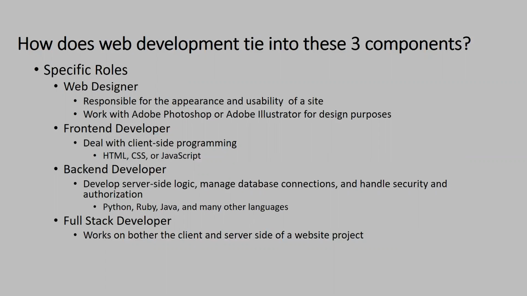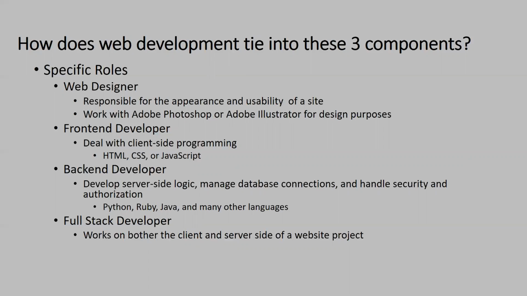The front-end developers are the glue between the designers and the back-end developers. The back-end developers develop server-side logic, manage database connections, and handle security and authorization. They'd use such languages as C++, Python, Ruby, Java, and many other languages.